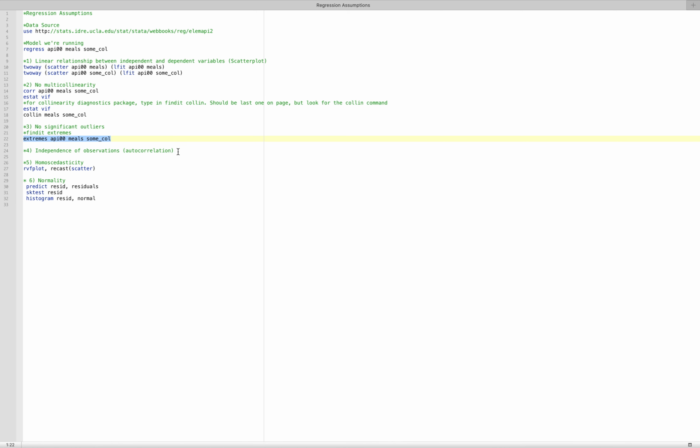So the next one is independence of observations or autocorrelation, serial correlation. Different books will call it different things. This just means that your residuals, your error for certain cases, are not correlated with the errors of other cases.